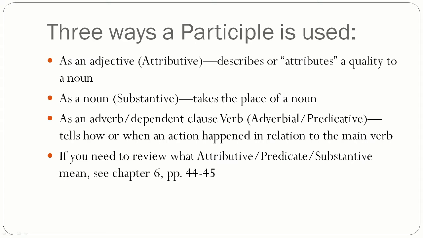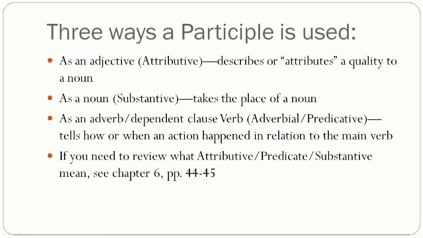There will be a main verb in the sentence. Every sentence requires a main verb that has person and number. A participle cannot be the main verb, because the participle does not have person and number. It is not going to be taking a subject like in a regular sentence. But as a dependent clause verb, it can show you how the action in the dependent clause is related to the main verb action. We'll take a closer look at that.